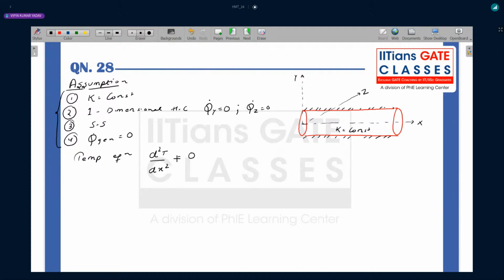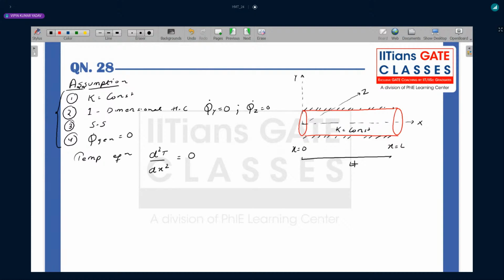And as I have told you in all my sessions, we are going to integrate it twice so that we will see how the temperature is changing in X direction. Let us say X is equal to 0 here, X is equal to L here. The entire length is L.